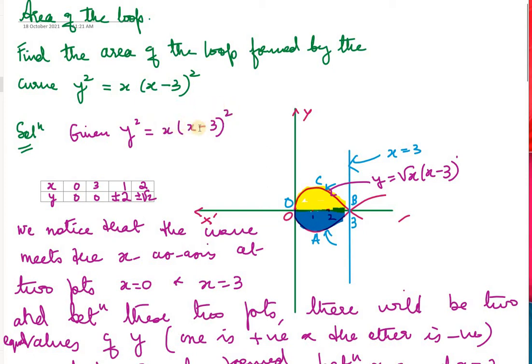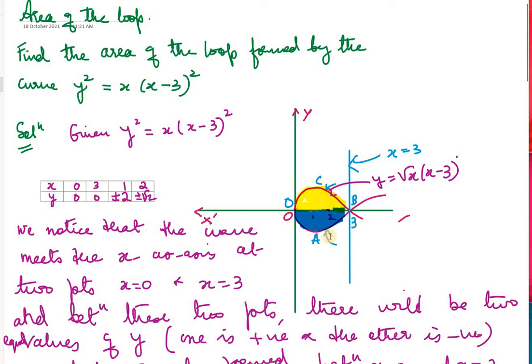Then (x minus 3) whole square will be positive since it is a square, even though x is negative, but we'll get y square as a negative number. Now, if you take the square root of a negative number, it will be imaginary. So that's why the curve will not lie to the left side of the y-axis, because y will be imaginary there. So you will have it only on the right side of the y-axis.